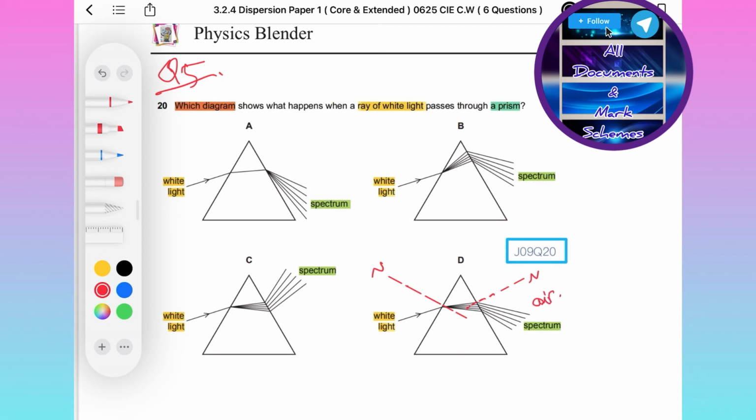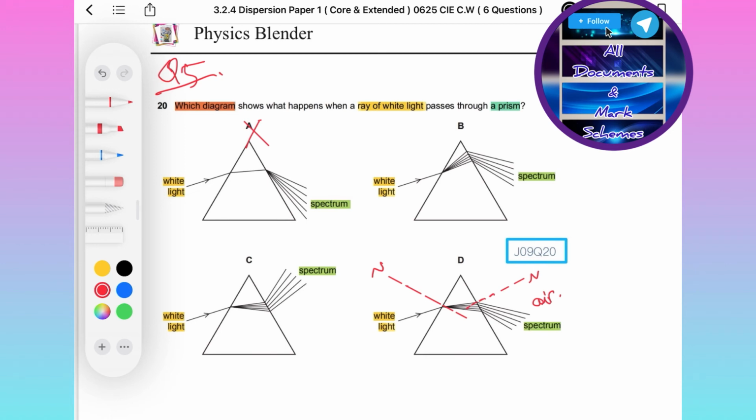The common mistake here is that students forget to recognize what takes place inside the prism. So number one will be excluded. Why? Because dispersion takes place inside the prism also.